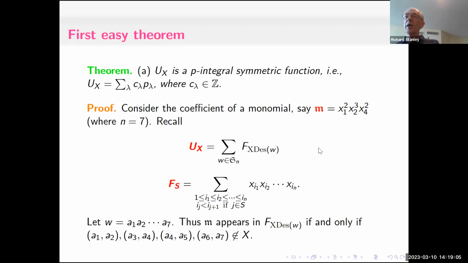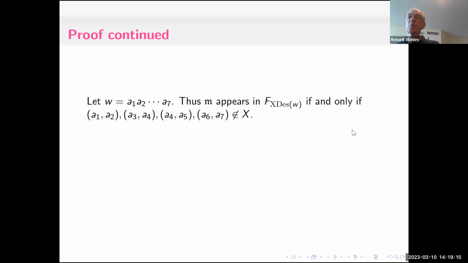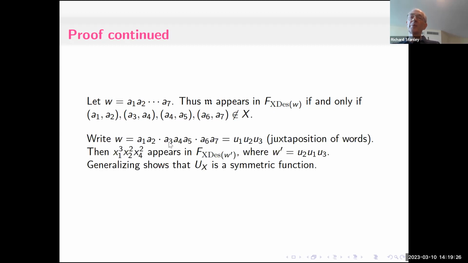So there's no way we could have the smallest index repeated; we could not get an x1 squared. And similarly for these other exponents. This is the condition for the monomial to appear in this quasi-symmetric function.